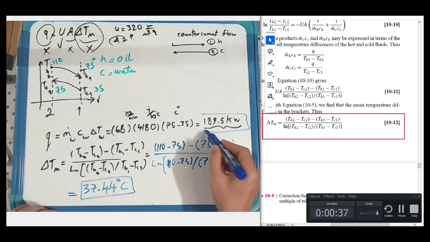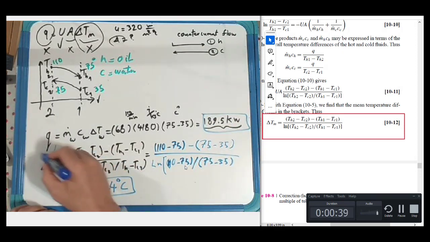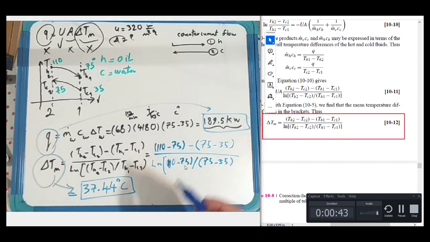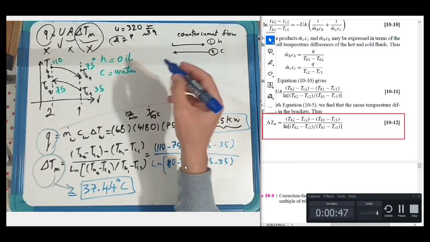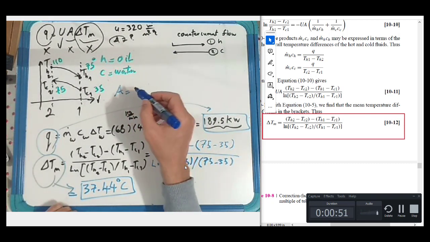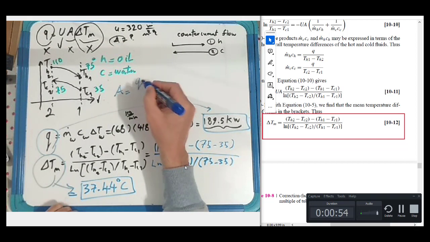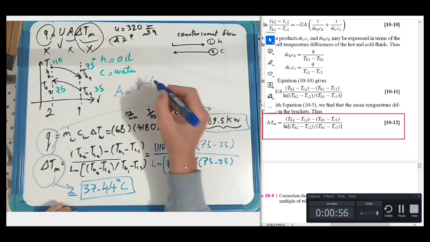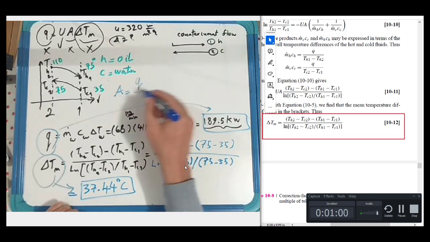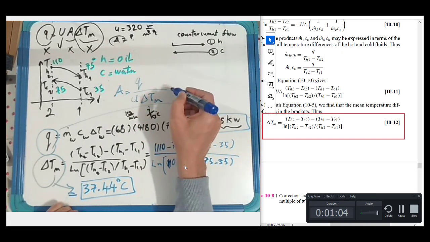So we have these two parameters, and we can use them to find A. As you know, A equals Q divided by U and delta Tm. Is it right?